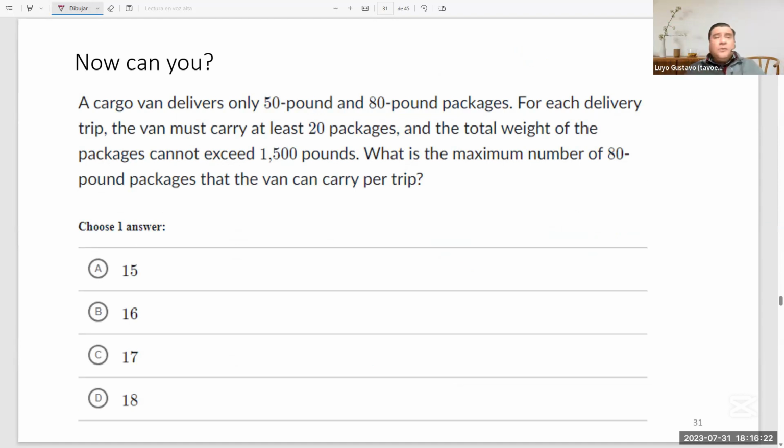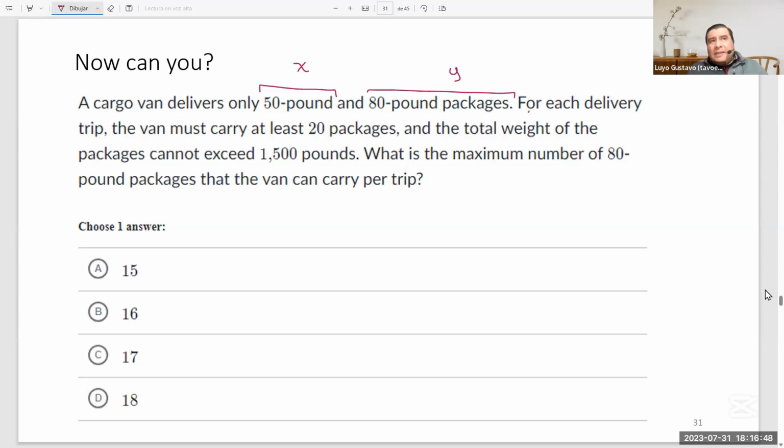I believe most of you must have been tracking the statements one at a time, defining variables and everything. That's okay. Let's say that the number of 50-pound packages in this cargo van is X, and the number of 80-pound packages is Y. So, how can we connect X and Y?